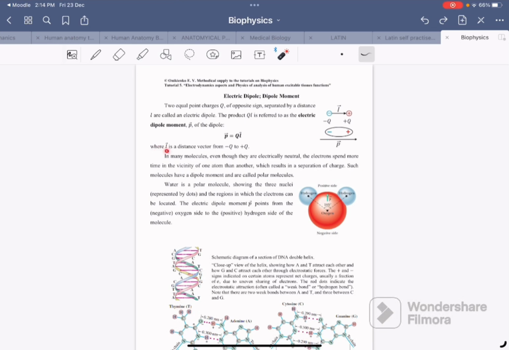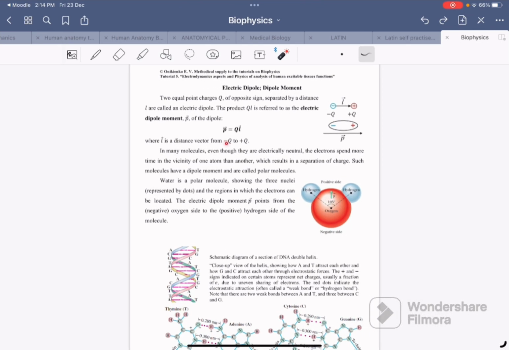Here, the L vector is the distance vector from the negative charge minus q to the positive charge plus q. I'm an Indian student, so bear with me because most of the time we say minus plus, but it should be negative positive charge to say it in the correct way in physics. But I will try to manage it.